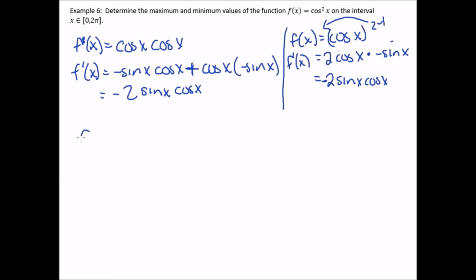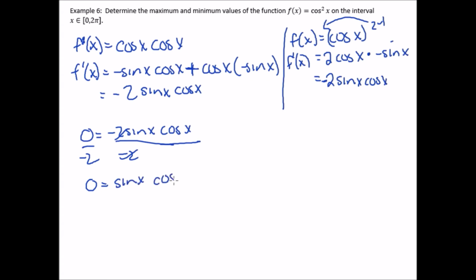Okay, so now when does this equal 0? So when does -2 sine x cos x equal 0? So you can divide both sides by that -2, so that just goes away. Okay, so when does 0 equal sine x or cos x? Well, these are basically factored already, so we want to know when does sine x equal 0 and when does cos x equal 0.